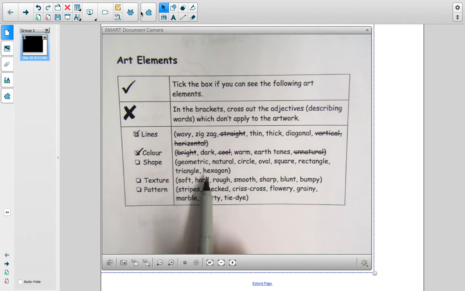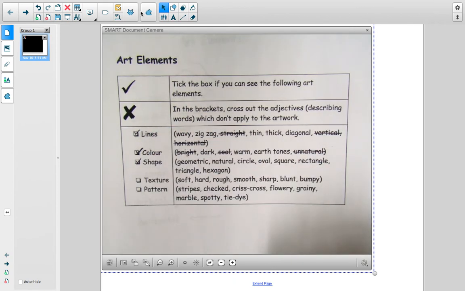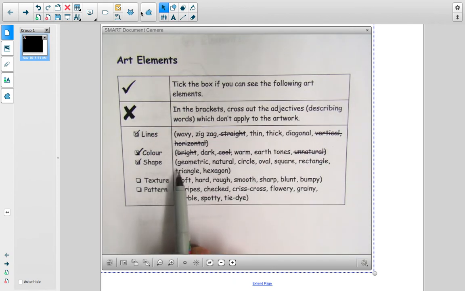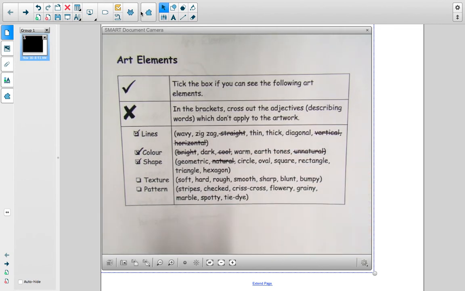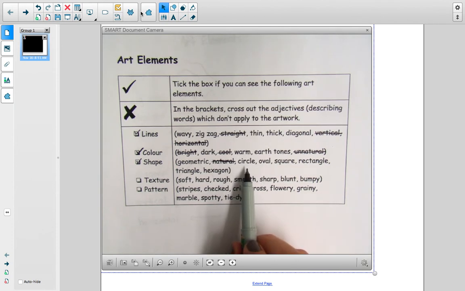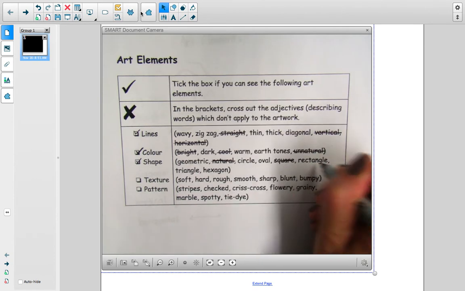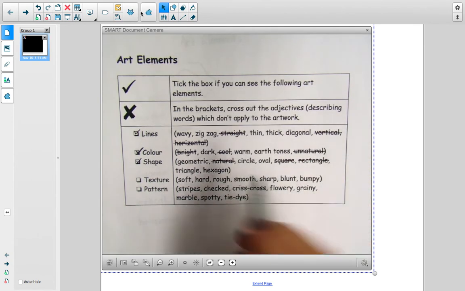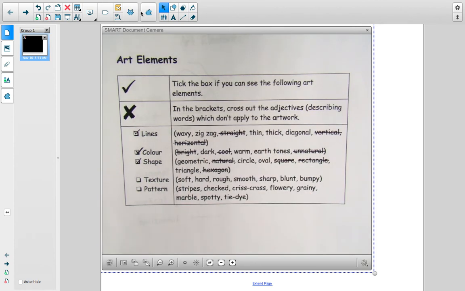So we think a six-sided shape. I would say that in my Rangoli pattern, there's definitely shapes, so I'll check that off. And I would say that they are geometric shapes, so there's circles, usually ovals. Maybe there's no squares or rectangles, but then I might have some triangles, maybe not my hexagons. So I would cross out the shapes that I can't see.